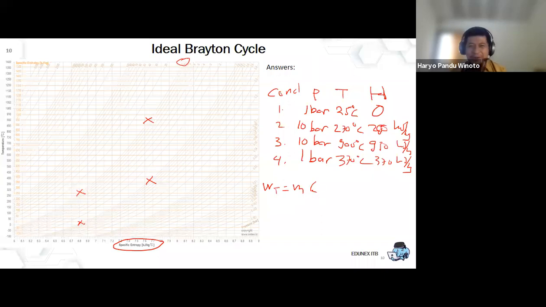H3 minus H4 or H4 minus H3? Actually, in the real application, nobody really cares. H3 minus H4, it doesn't really matter because the absolute value is there. The thing is, we just need to make sure what our purpose is.